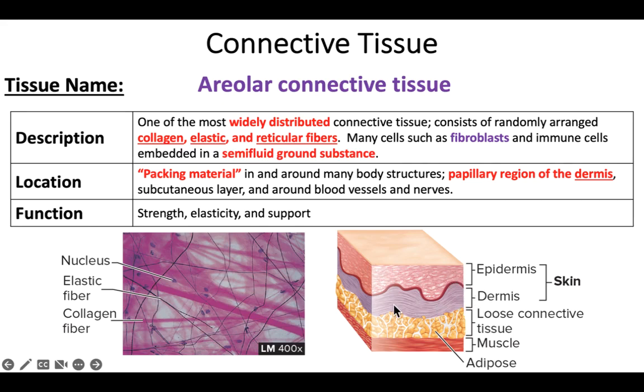You're going to have the dermis underneath it, and that's where you're going to find some of this stuff, so this areolar connective tissue. You're also going to find another type of connective tissue in that dermis called irregular connective tissue. Below the dermis, there's a layer of fat called the hypodermis, and then you might eventually get to, say, a muscle. So there's a lot of layers as you go into the human body. So again, be able to identify it.